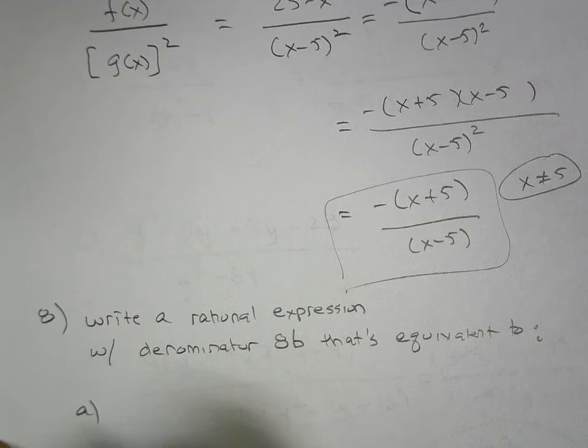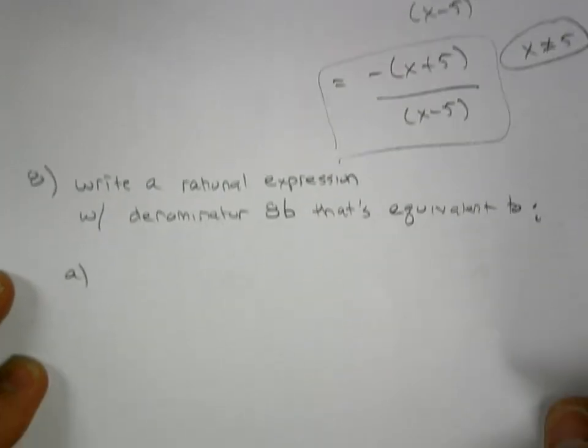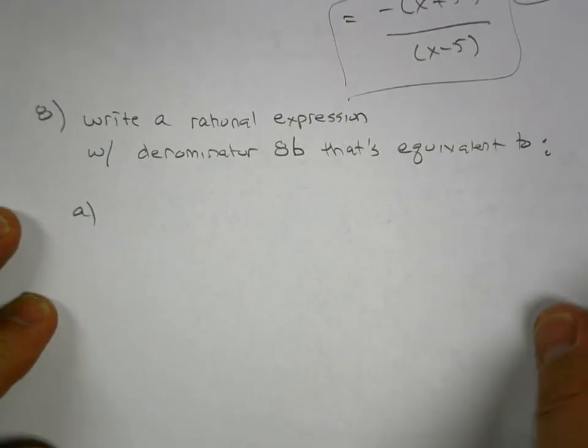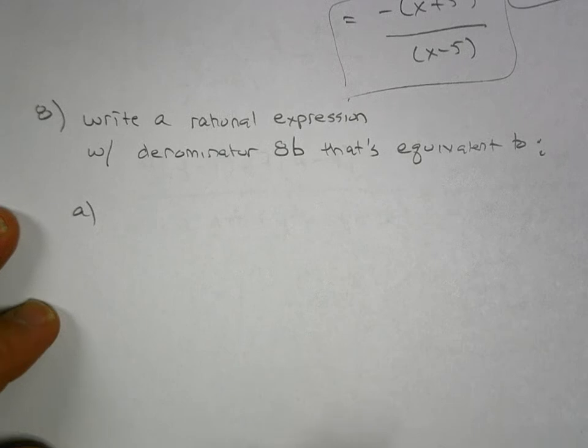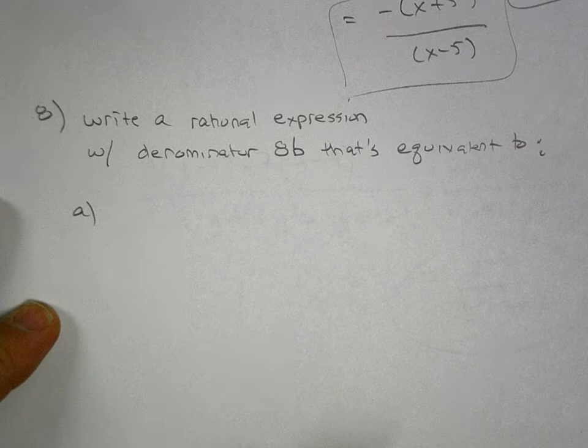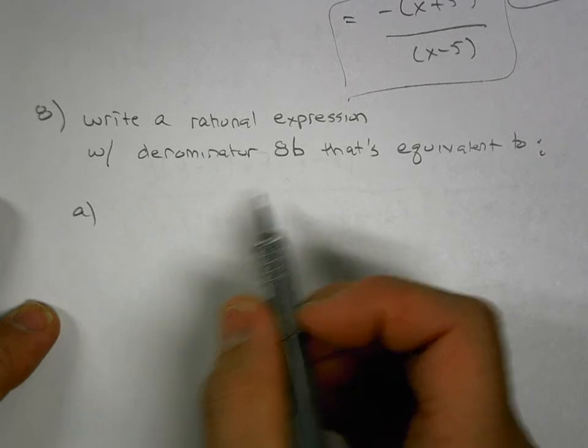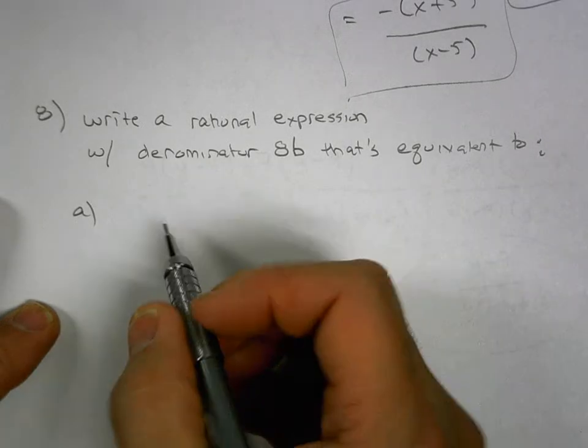We're basically going to write equivalent fractions. You'll see. Okay, write a rational expression with denominator 8b that's equivalent to, so the first one, a over b.